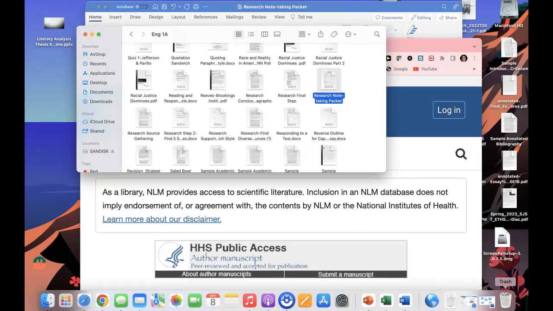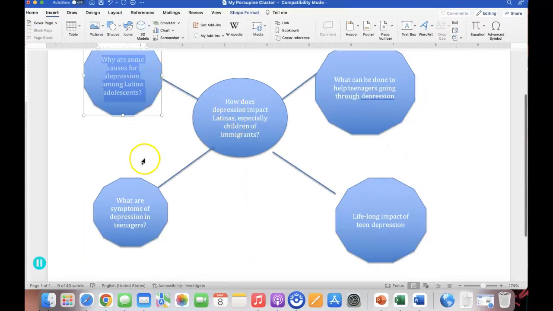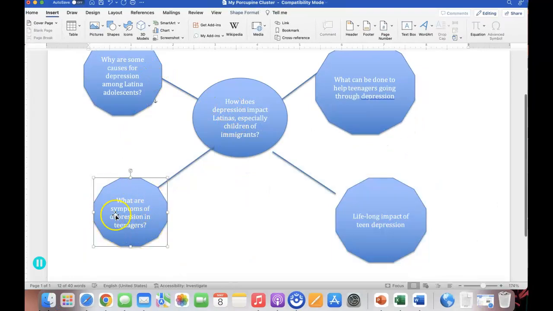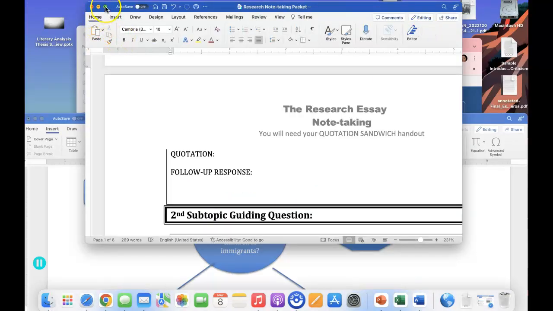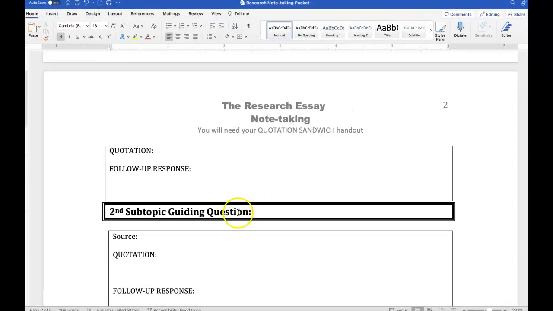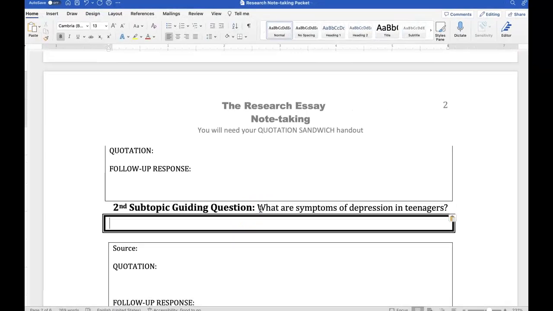And for that I had, let's see, what was symptoms? What are some symptoms of depression in teenagers? So that's going to be my second subtopic guiding question.